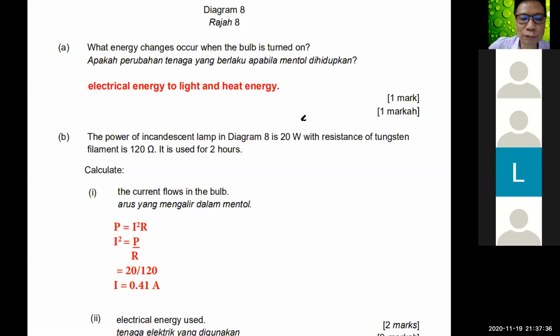Okay, next one is to find electrical energy. To find energy, you take I squared RT lah. Power multiplied by time. Power is I squared R, so it becomes I squared RT. Okay, now.